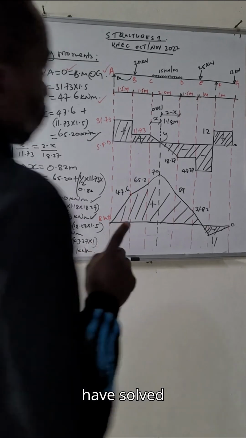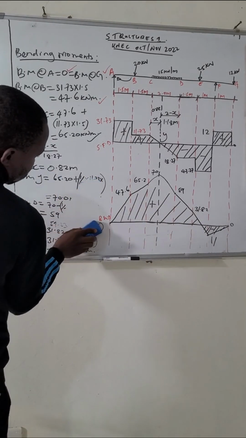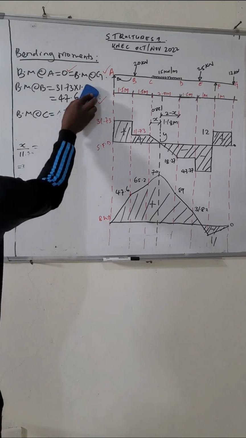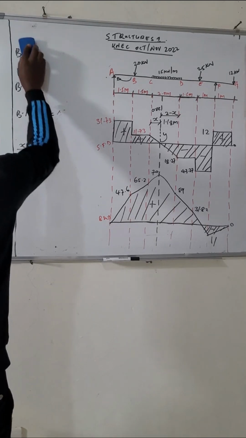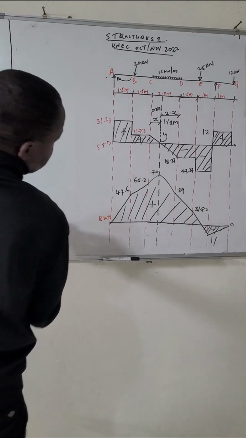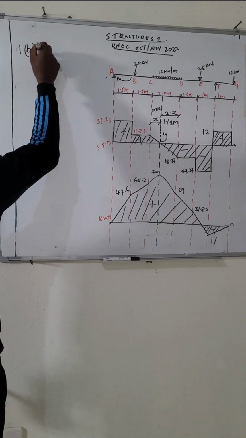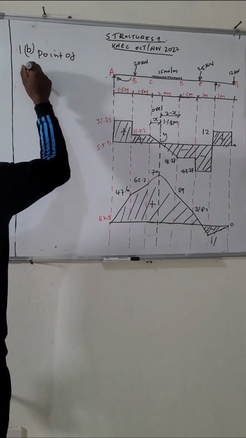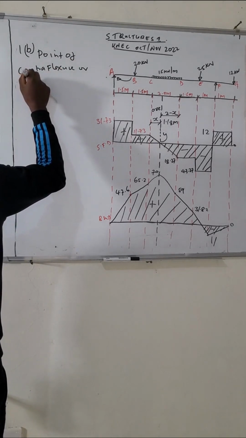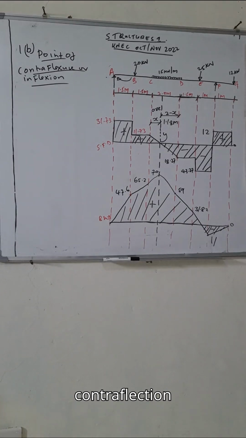So we have solved question 1A. 1B, point of contraflexure, or point of inflection.